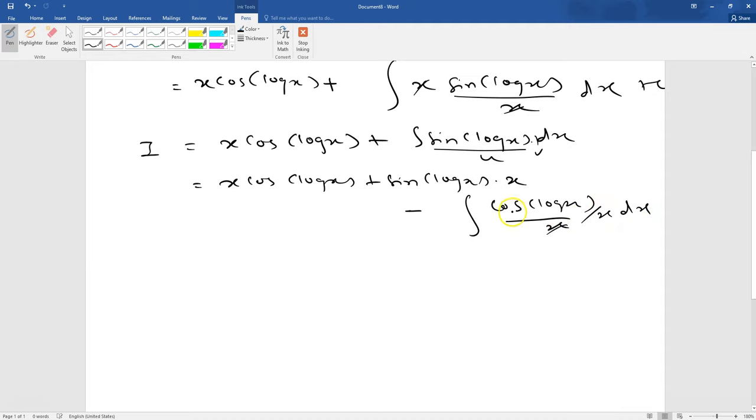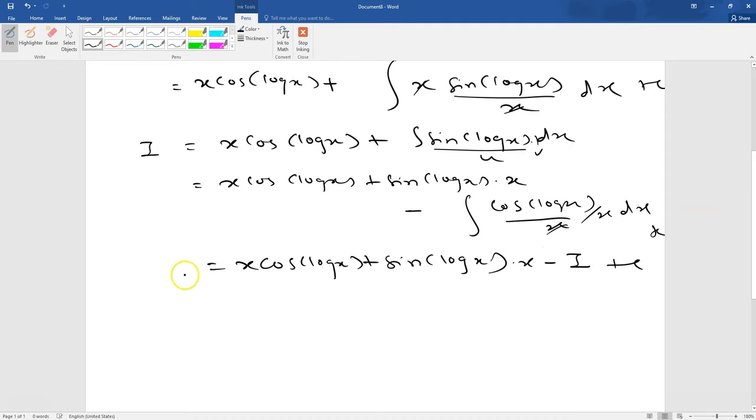The x cancels, and this will be minus cos log of x, and plus c is there. So x cos of log of x plus x sine of log of x minus c cos of log of x. This is going to be I, the original integral that was given.